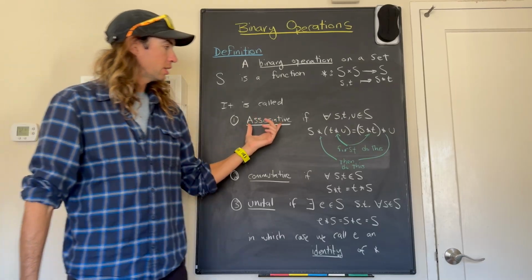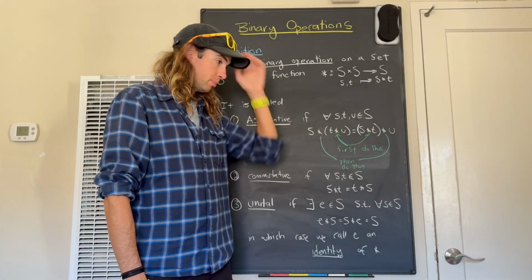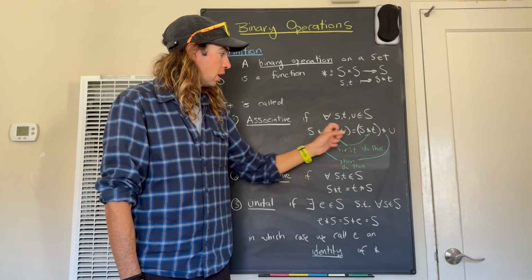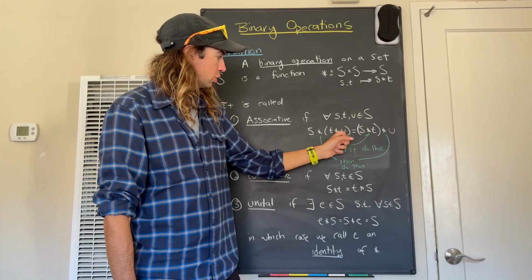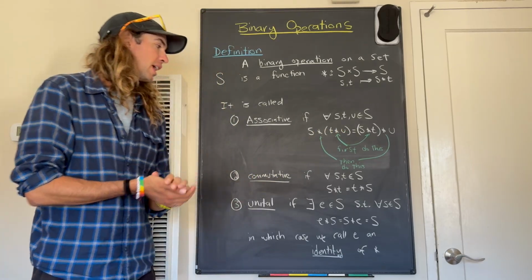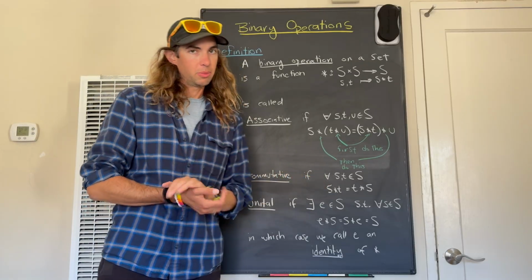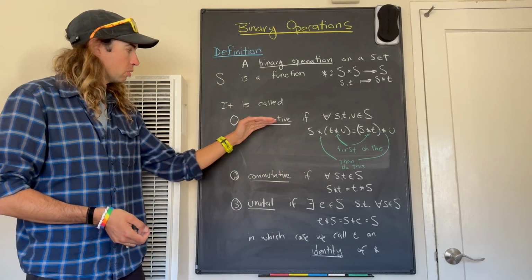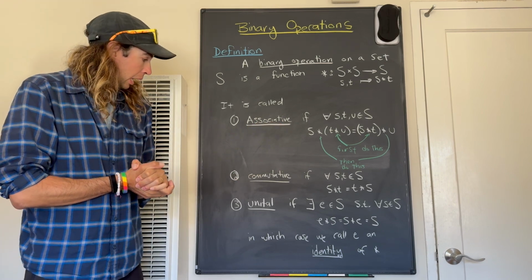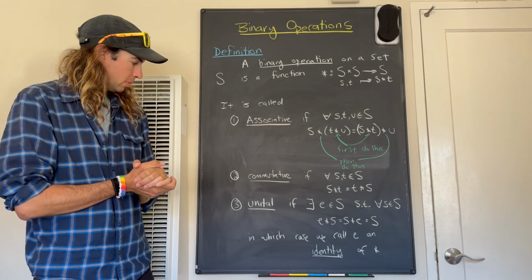For associativity, the order means the order in which we apply the star operation. So first do the stuff in the parentheses and then do the stuff outside the parentheses, whereas commutativity has to do with the order in which we write the elements. And as we'll see later, these are very distinct properties, unrelated to each other.